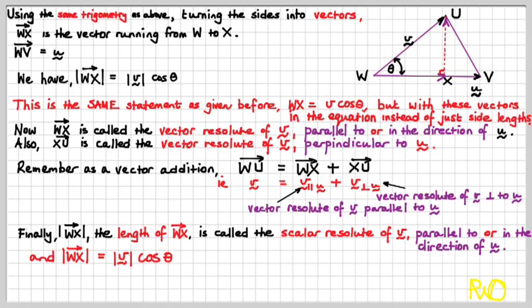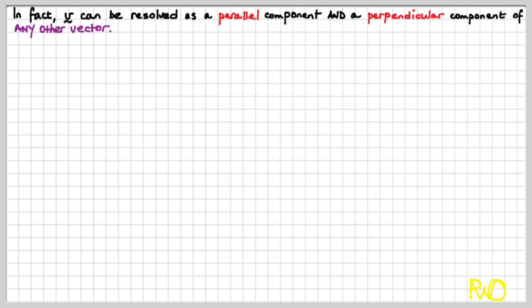Now, having established this leap of logic here, with this triangle, it's all very convenient because this is sort of like in the x direction, it's sort of horizontal. But this same formula applies for any vector u pointing in any direction at all. So, in fact, v can be resolved as a parallel component and a perpendicular component to any other vector at all.